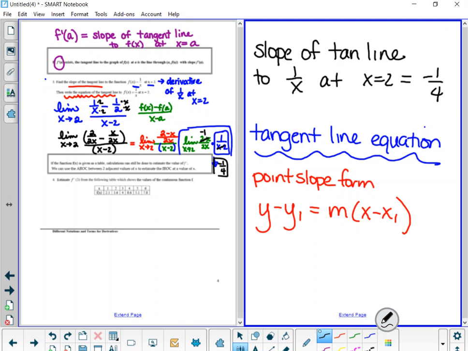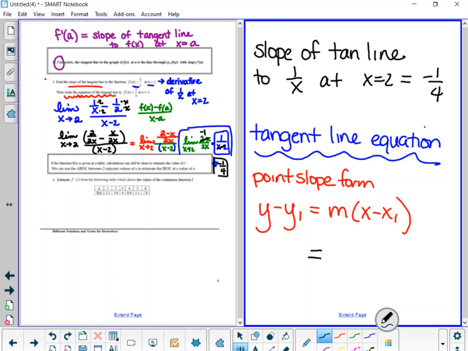It's actually going to be our favorite way to write the equation of a line. It's the easiest one to do in a calculus setting, because most of the time in a calculus setting, the things I'm going to get are enough information to create a point and the slope, hence point slope form.